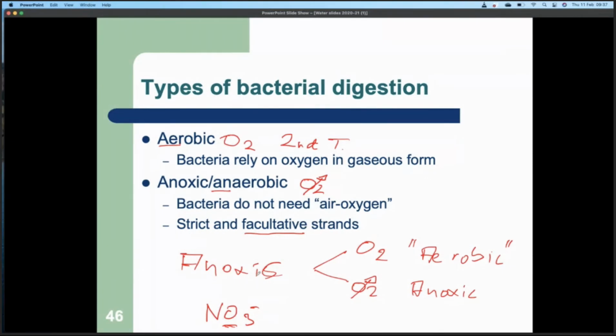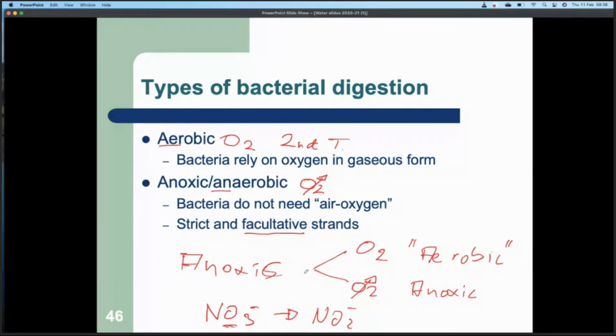What these anoxic bacteria can do is utilize the oxygen that's in the nitrate for their respiration. So they can reduce nitrate to nitrite. They remove one oxygen atom out of the molecule. NO3 becomes NO2. That means they have one oxygen atom for oxidation processes.